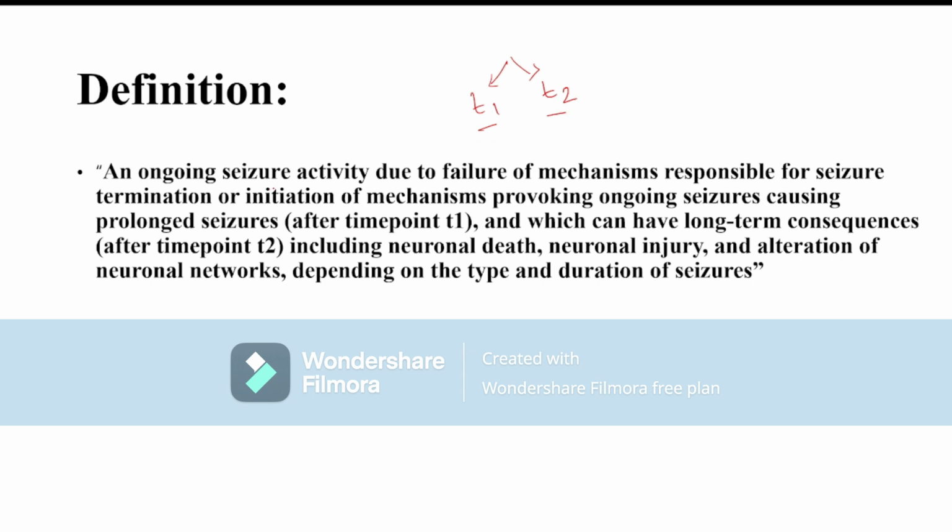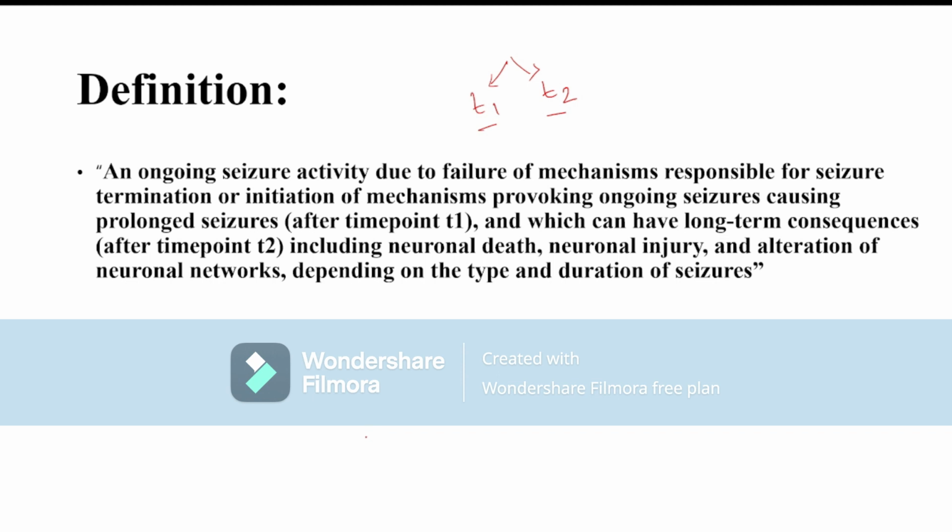First, the definition of status epilepticus is an ongoing seizure activity due to failure of the mechanism responsible for seizure termination, or initiation of a mechanism provoking ongoing seizure, causing prolonged seizure after time point 1, and which can give long-term consequences after time point 2, including neuronal death, neuronal injury, and alteration of neuronal network.